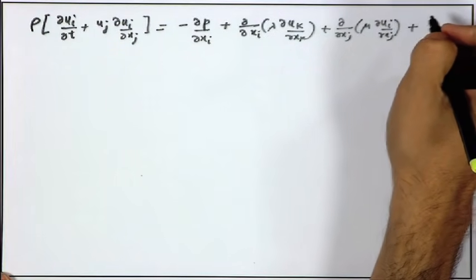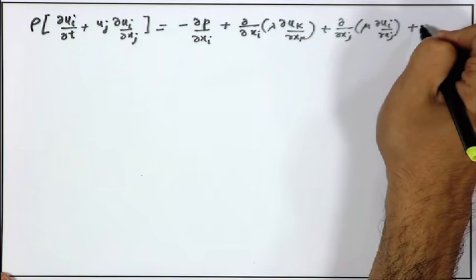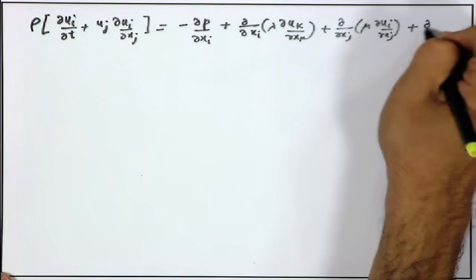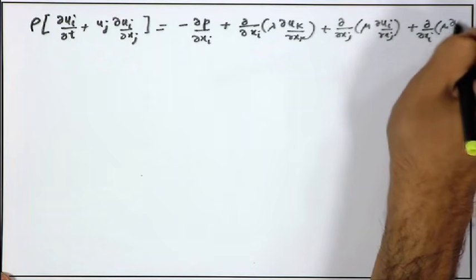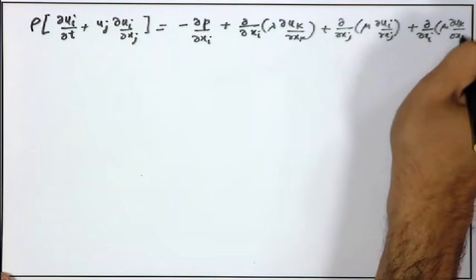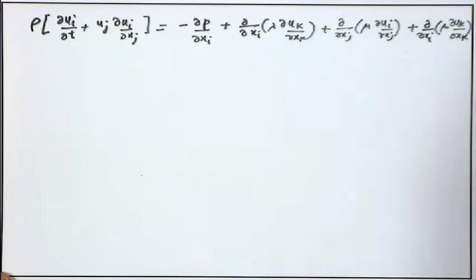Because mu is a constant we can take the mu also inside as per our wish, constant means independent of position. So, the last term we can write as del del x i of mu del u k del x k, again we can bring the mu into the derivative.